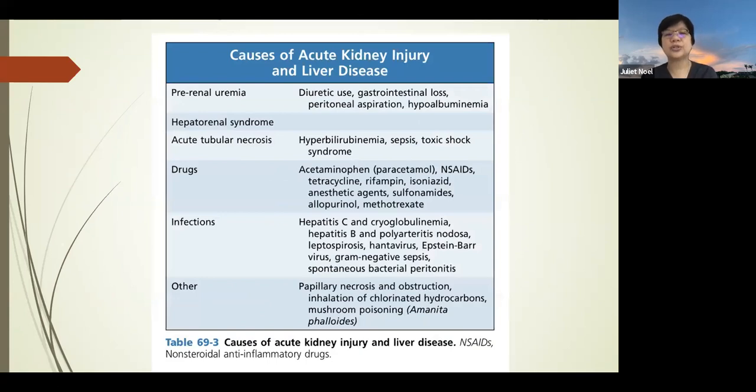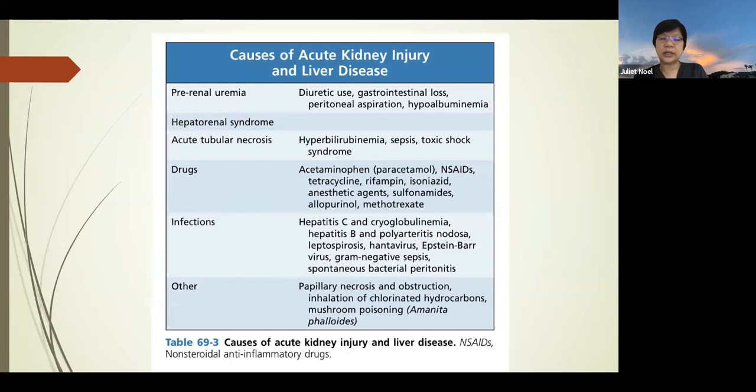For acute causes of AKI in liver disease, the most common is still pre-renal, usually due to diuretic use, because most of them would have been given spironolactone to prevent accumulation of fluid in ascites.